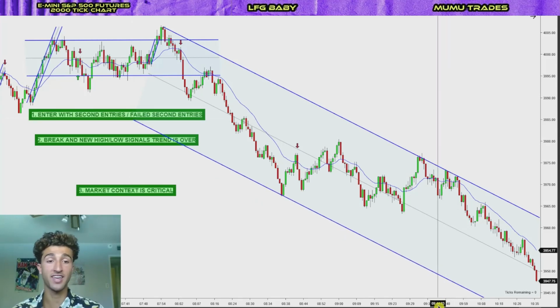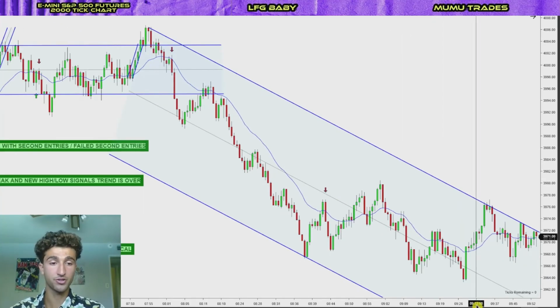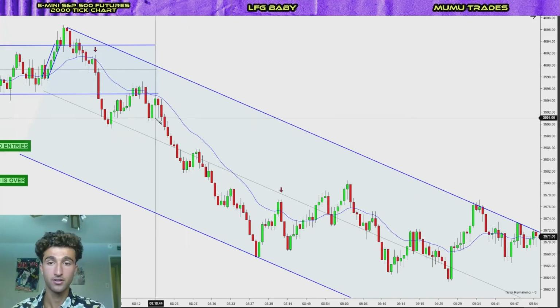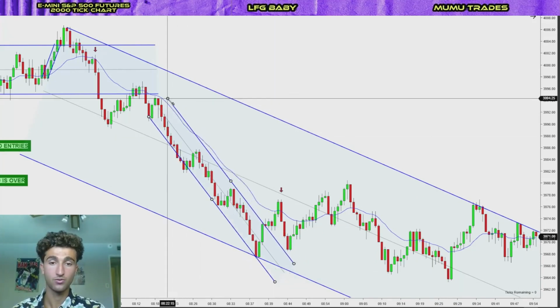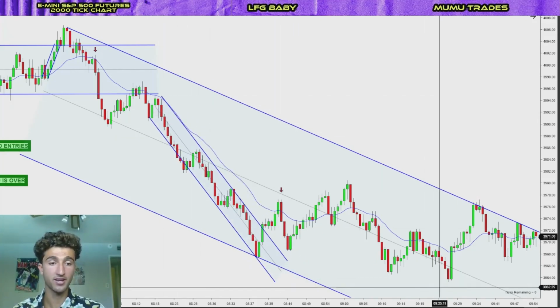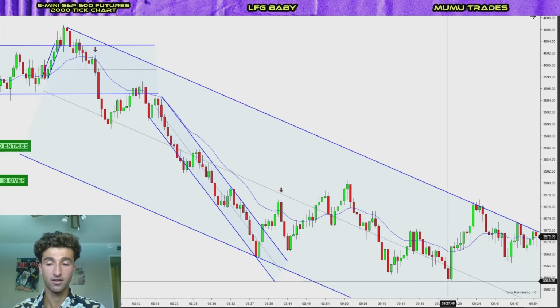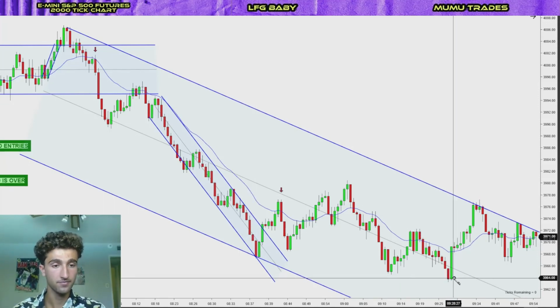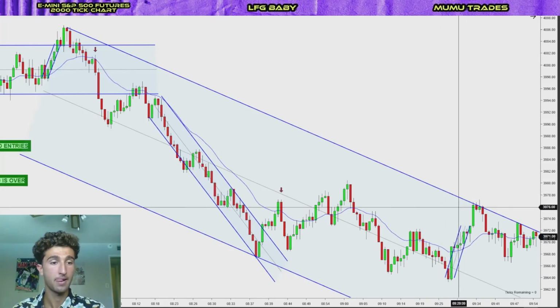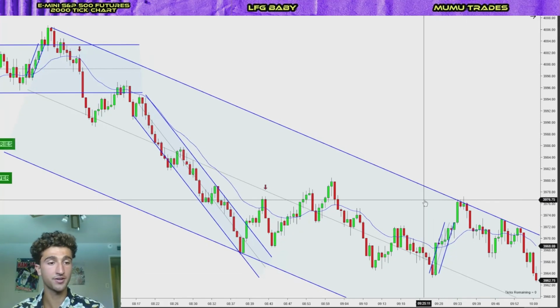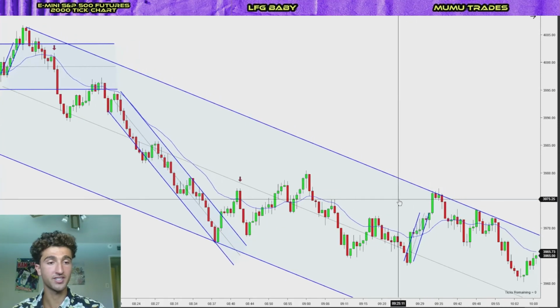Now, this doesn't mean we can't have short-term trends within these trends. Because, look, we had a break and a new low of this short-term trend, followed by a mini uptrend, break and a new high, followed by more selling pressure, which signals to me the downtrend isn't over just yet.